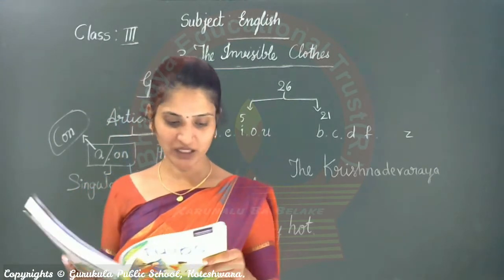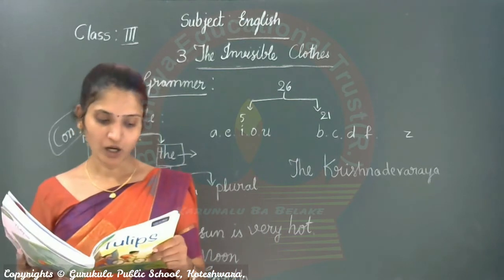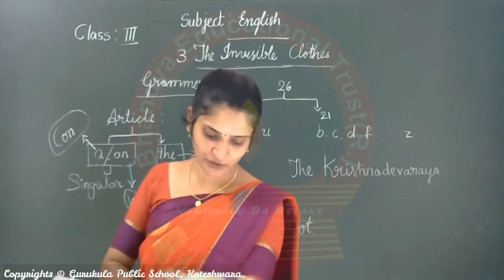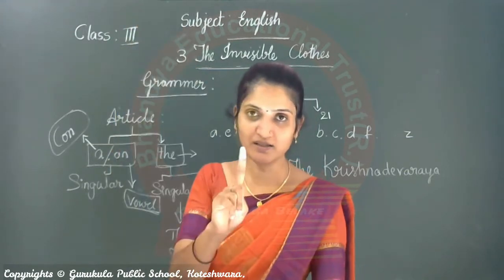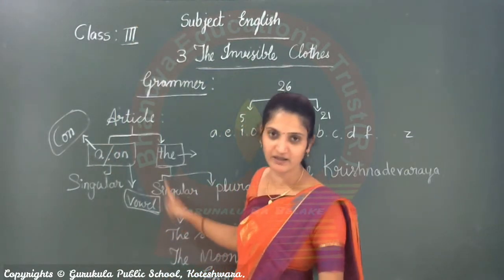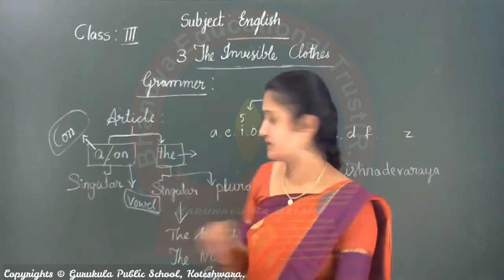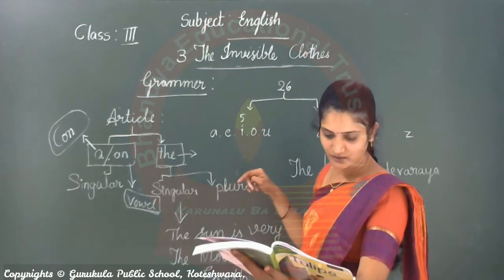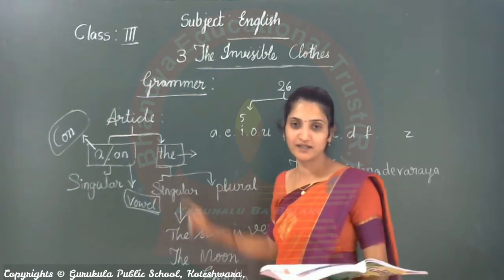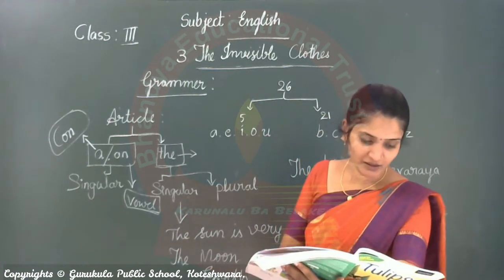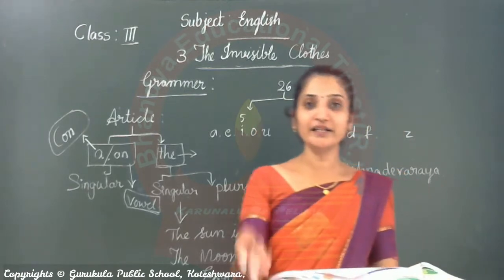Okay. Then the next one: The books are on the table. Here, the tall lady is singular, only one lady is there, and for that also we are using "the". Then the hospital, only one, that is also singular. And here, the books are on the table.